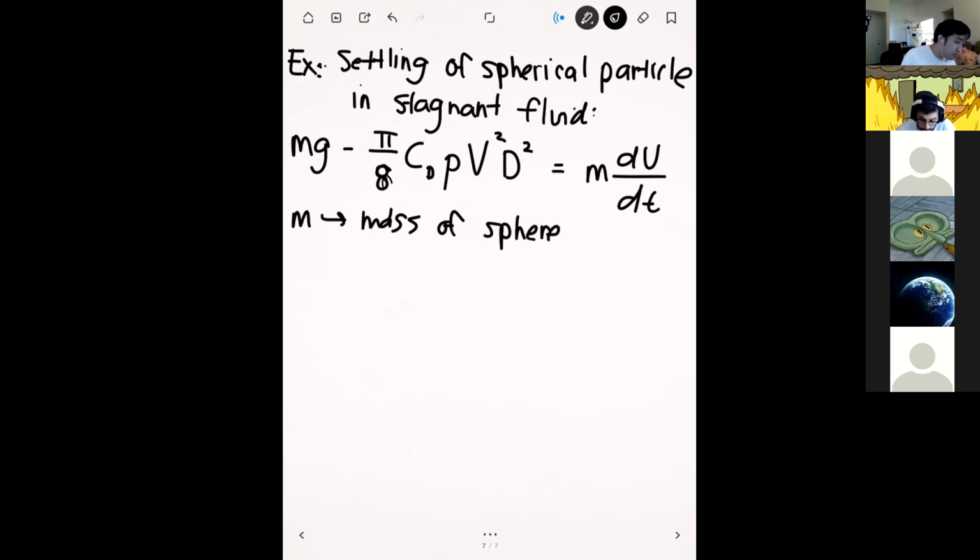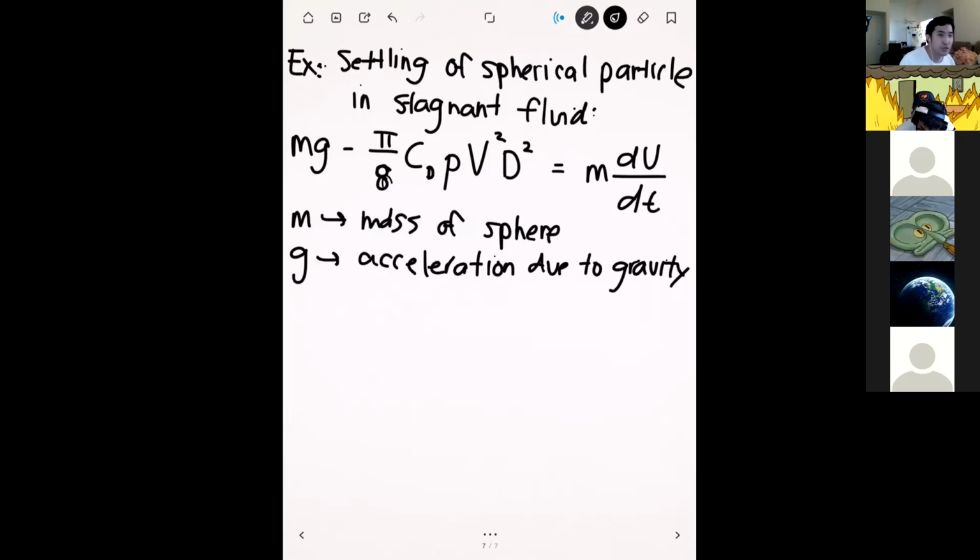So m will be the mass of the sphere. g is our acceleration due to gravity. Pi and 8 are just numbers, and numbers don't actually have any units or dimensions associated with them.